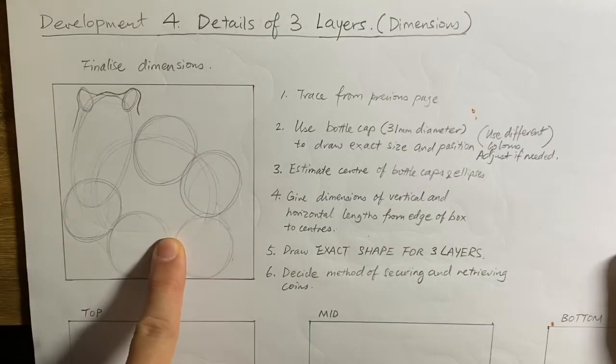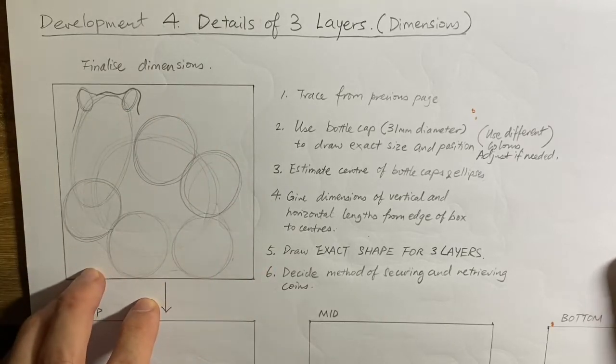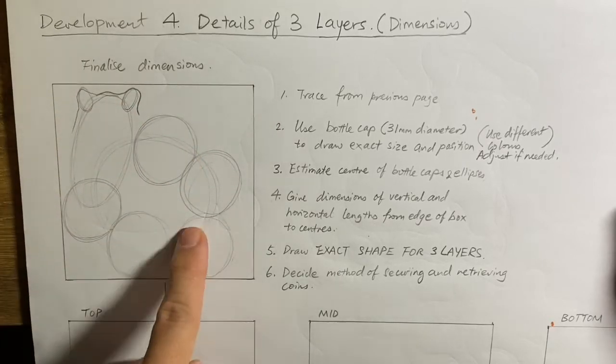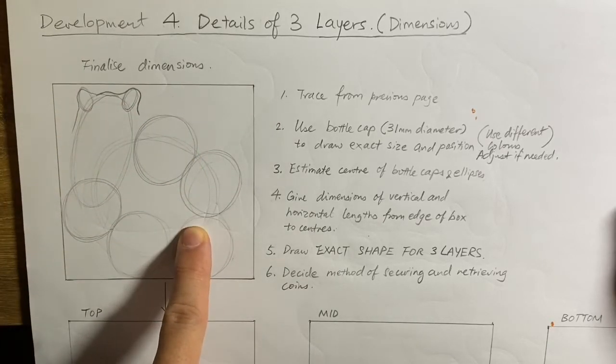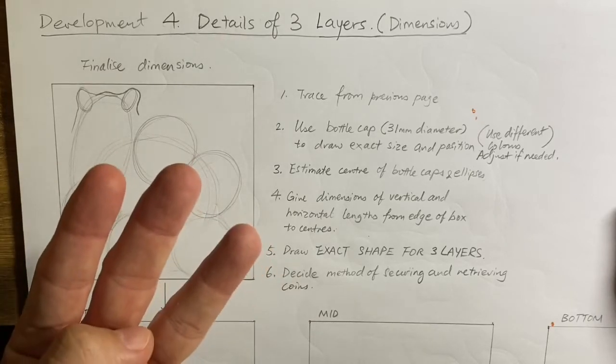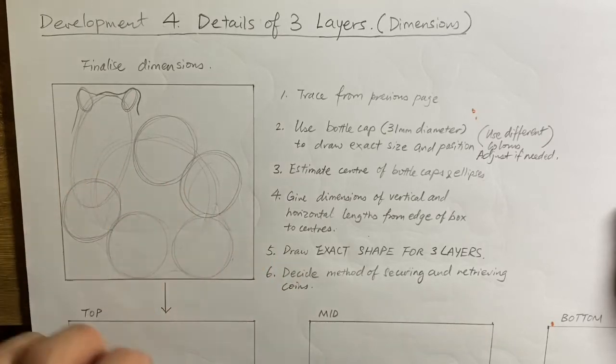With this design, let me remind all of us that this is just a base shape. We would need to eventually get the exact dimensions for this shape so that we can duplicate it into each of the 3 layers. Remember, we have 3 pieces of acrylic, and to duplicate this shape on each of the 3 layers, we need the exact dimensions.